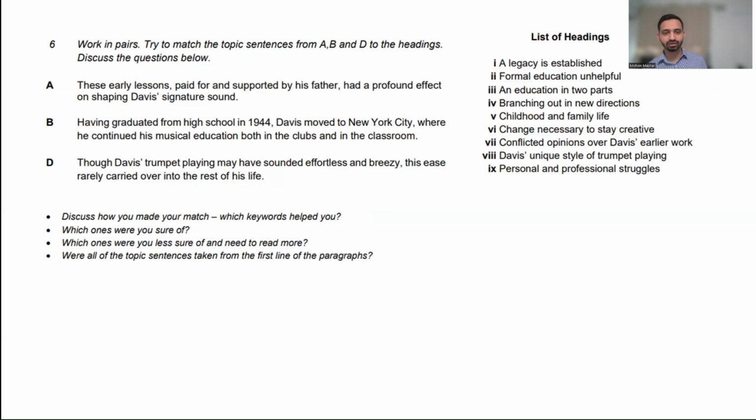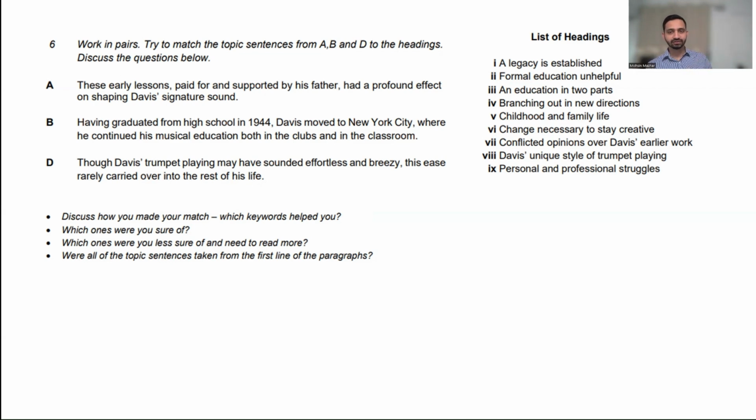Discuss how you made your choice and which ones you're sure of, which ones you were less sure of, and were all topic sentences taken from the first paragraph or not, okay? And you will find out that sometimes the topic sentences are not enough for you to make the decision.